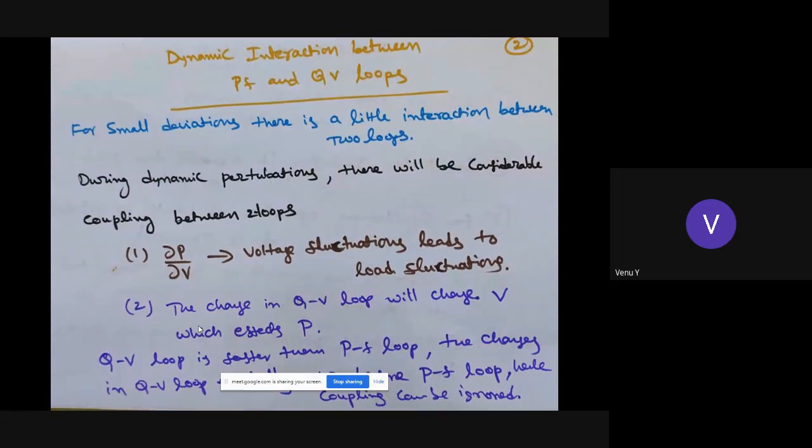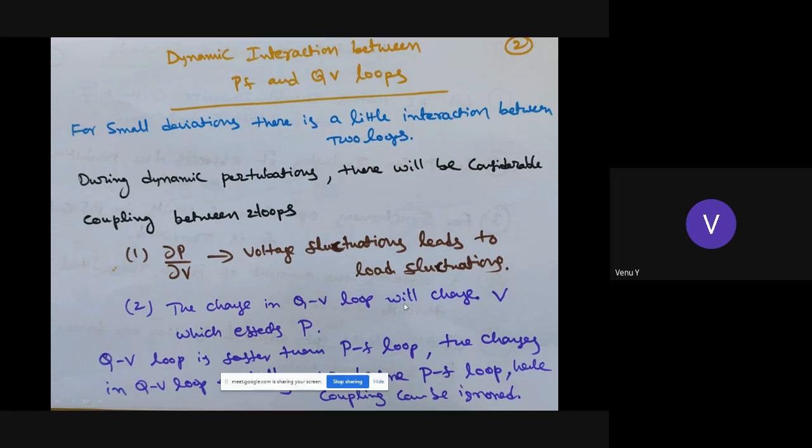Now, the dynamic interaction between the PF and QV loops, that is the load frequency and the automatic voltage regulator loops. For small deviations, there is little interaction between the two loops. During dynamic perturbations, there will be considerable coupling between the two loops. Dou P by dou V: voltage fluctuations lead to load fluctuations.